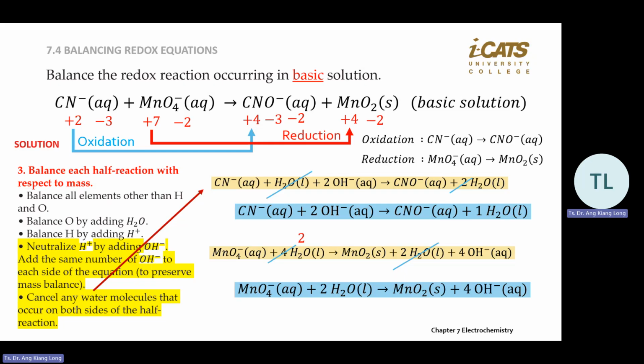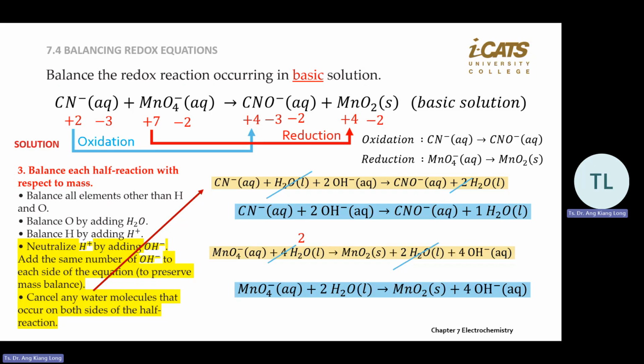If you do not see basic solution, then you apply the previous steps up to here, these 3 only. Yeah, these are the tricks. If you see the question mentioned basic solution, you need to apply the OH negative and also cancel the water steps. If you do not see it, then you apply the previous steps.